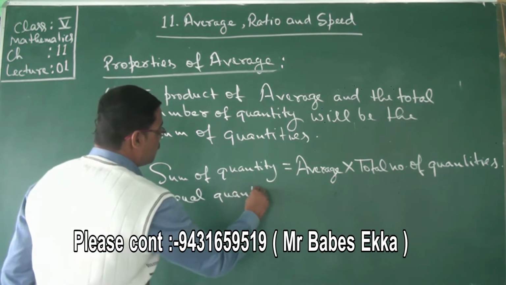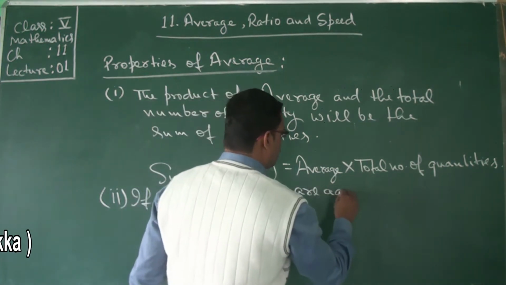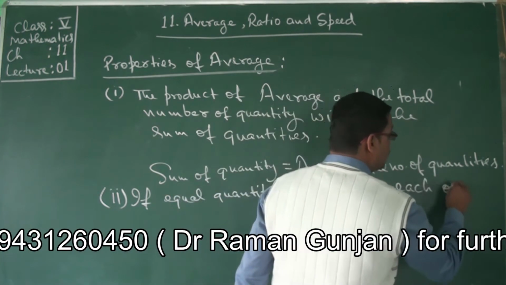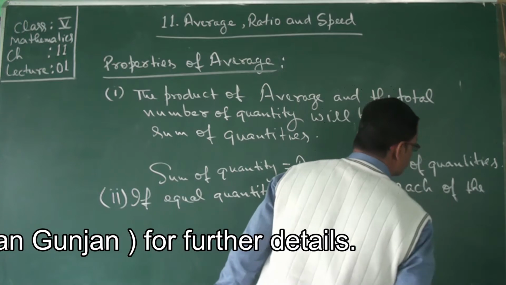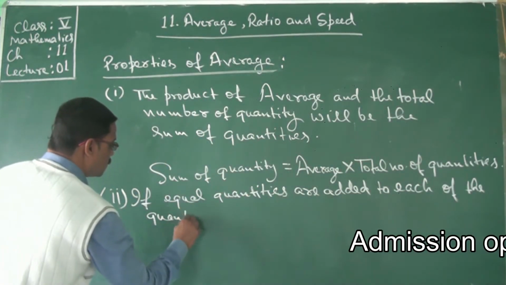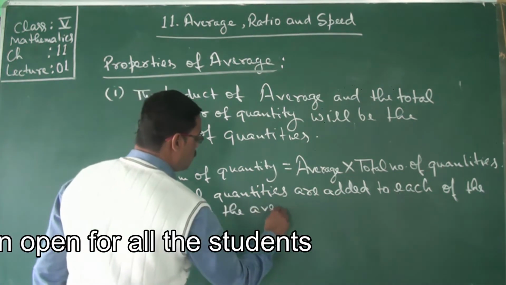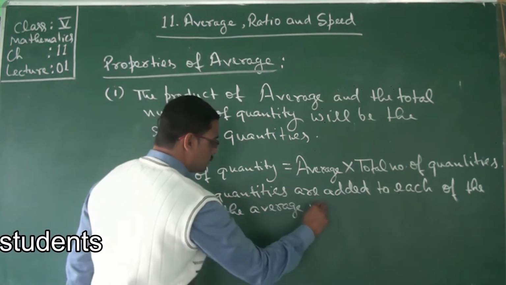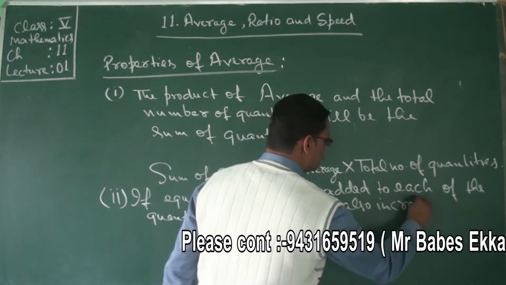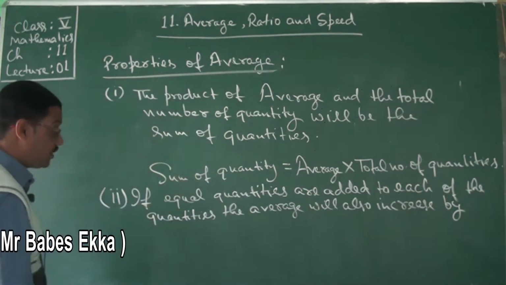If equal quantities are added to each of the quantities, the average will also increase by that quantity.